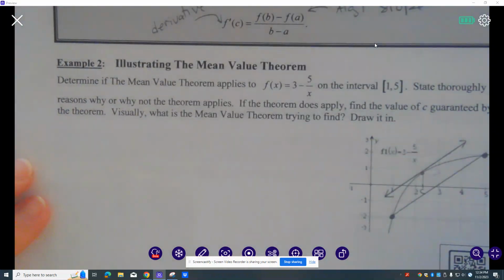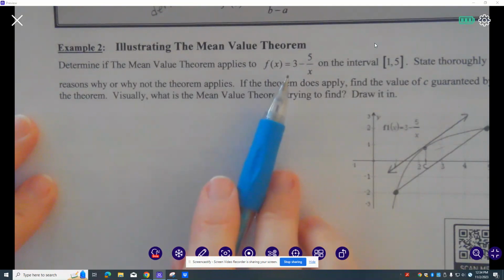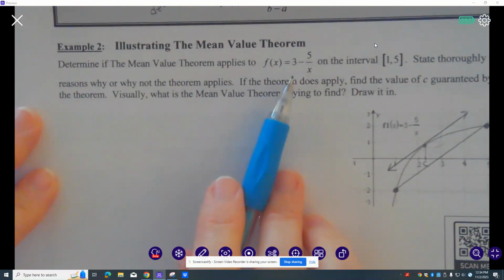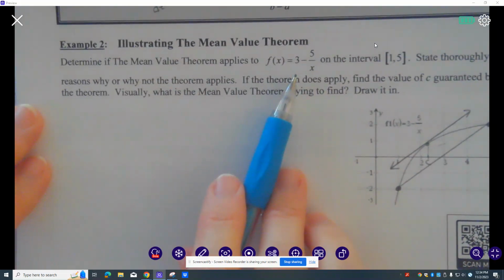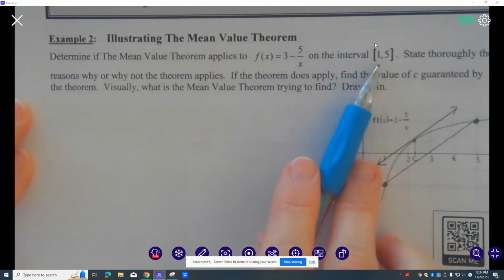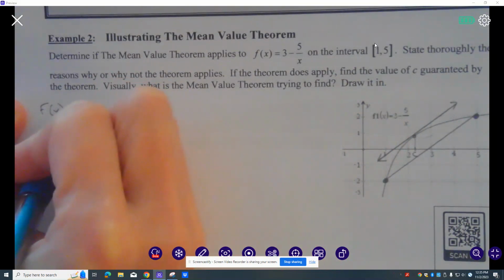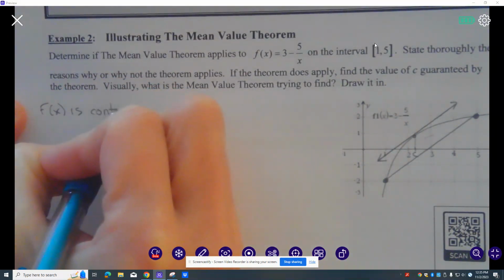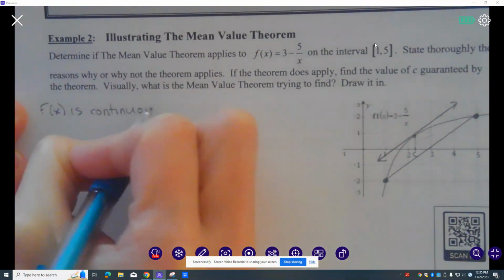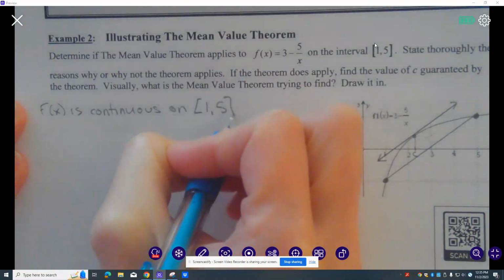Okay, so we have to talk about continuity and differentiability. So this function is continuous on the interval 1, 5. Notice it's not continuous when x equals 0, but it is continuous on this interval from 1 to 5. So f of x is continuous on the closed interval 1 to 5.